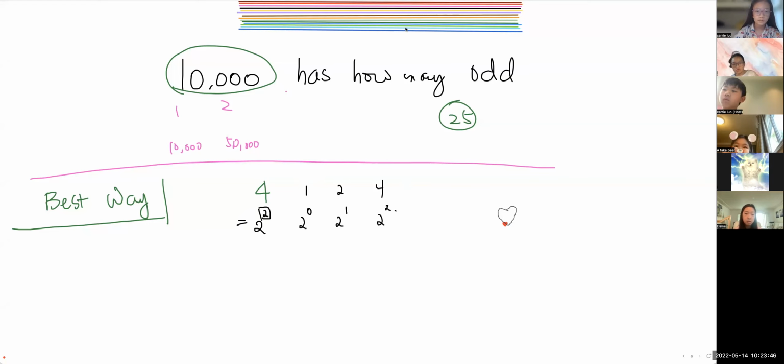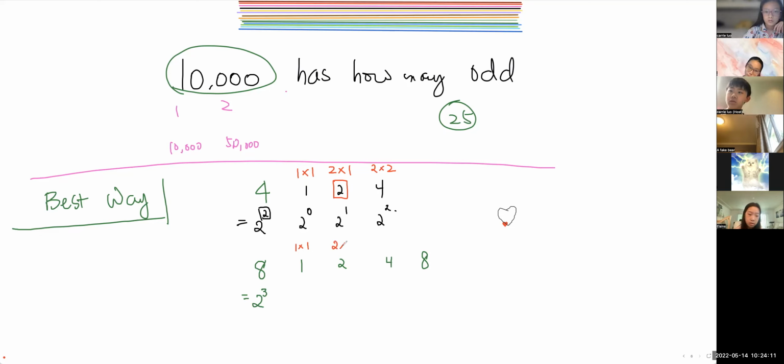I'm using another number, 8. 8 equals 2 to the power 3, and the factors are 1, 2, 4, 8. And we know 8 has only one odd factor. Sorry.